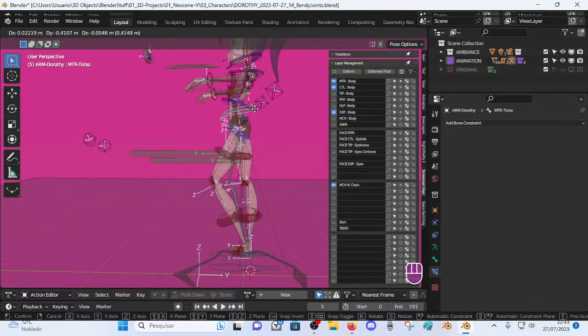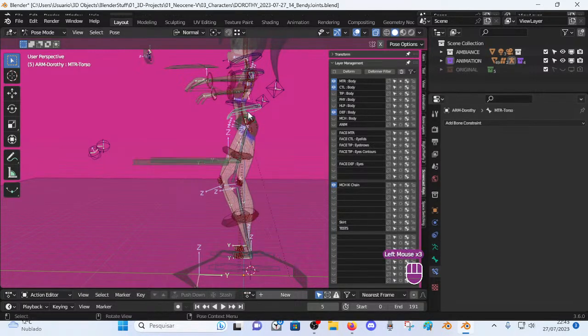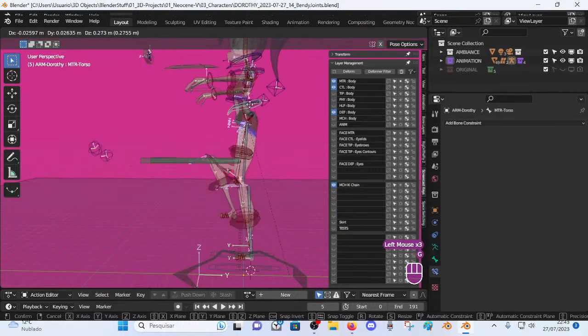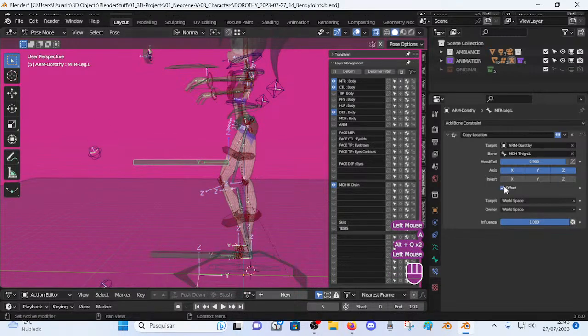Yeah, this is actually worse, but what if I push it even more. This is not relevant. Okay, so copy location doesn't help, even the offset.